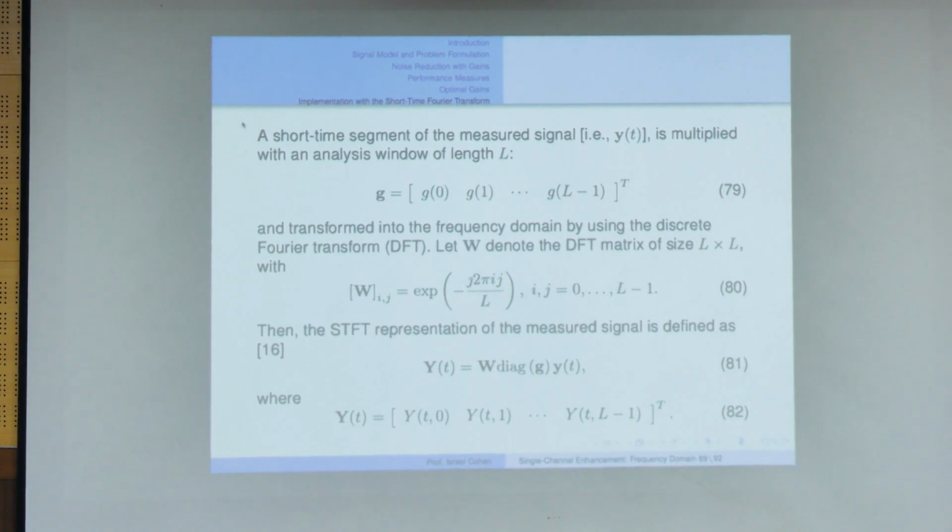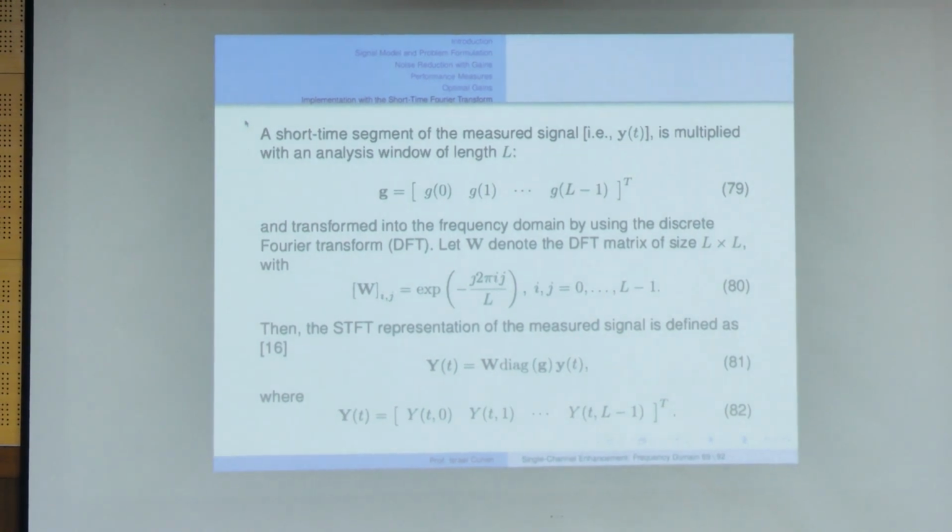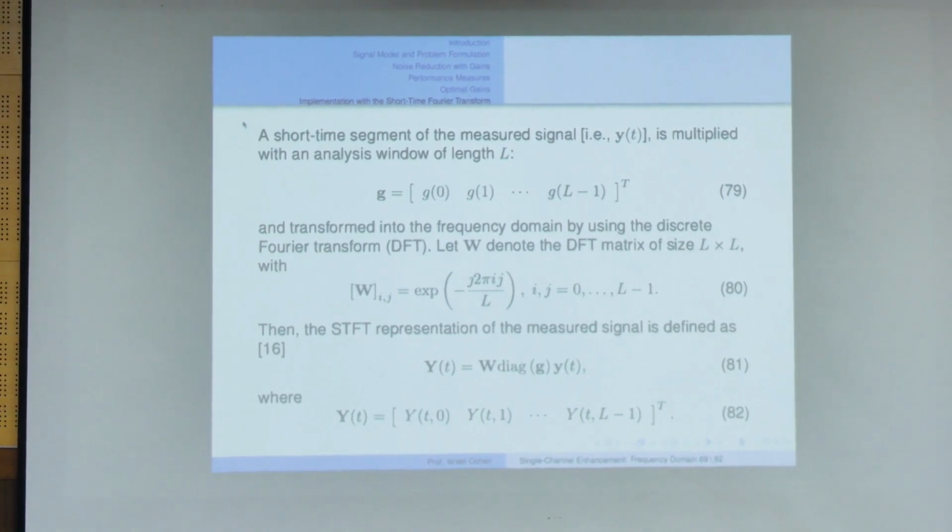How do we do that? We have to use windows. If we just use rectangular windows, there are some problems and artifacts. So it's not good to use rectangular windows. Also, when you use the short time Fourier transform, it's important that the analysis window and the synthesis window, which means for the forward short time Fourier transform and the inverse short time Fourier transform, satisfy some relations.